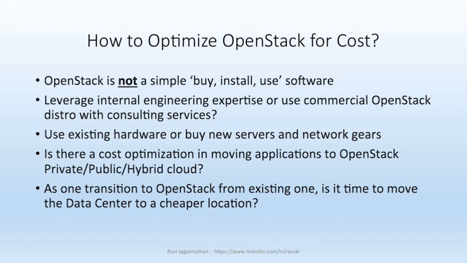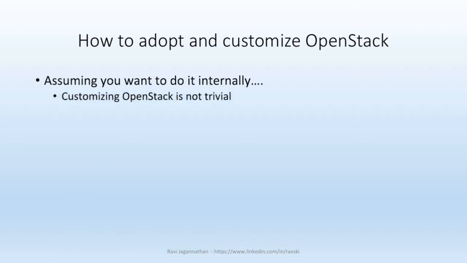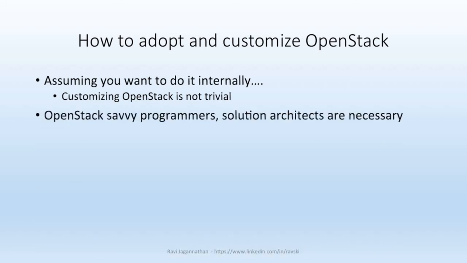Another way to think about how to adopt and customize OpenStack is, assuming you want to do it internally, that customizing OpenStack is not trivial. There are several configuration parameters, and how to do a high availability configuration for stability, so those issues are not trivial.